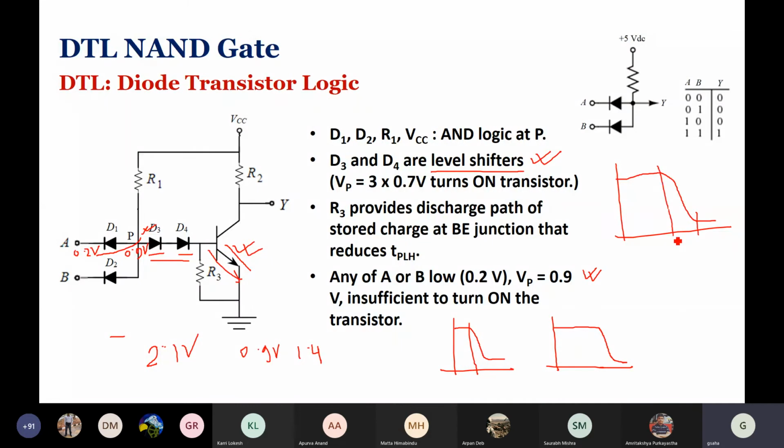So 0.9 volt, because of this consideration, will not make this transistor on.